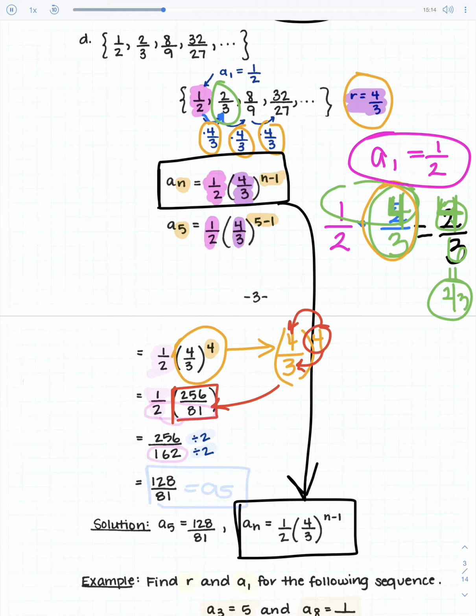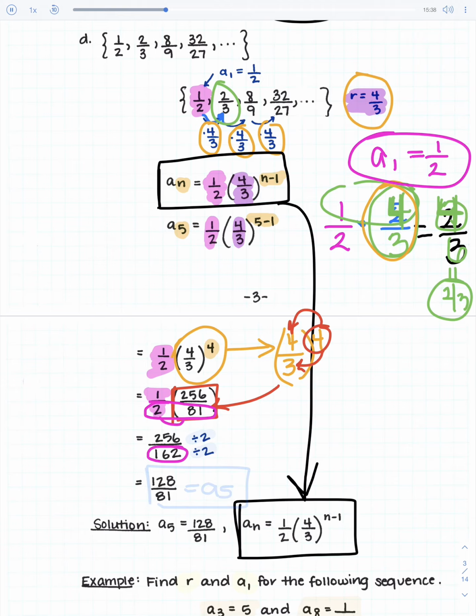So you get 256 over 81. Don't forget, though, that was just the exponent. You still have to deal with that 1/2 out in front. So I have to take the 256 over 81 times the 1/2. Well, basically what that does is it multiplies the 2 and the 81 to become 162.